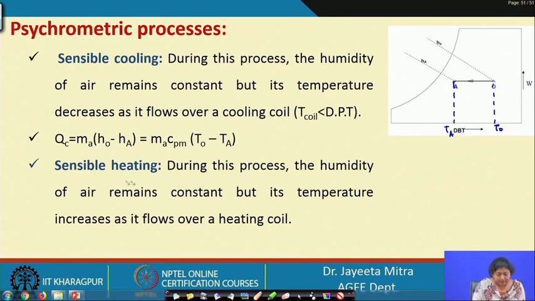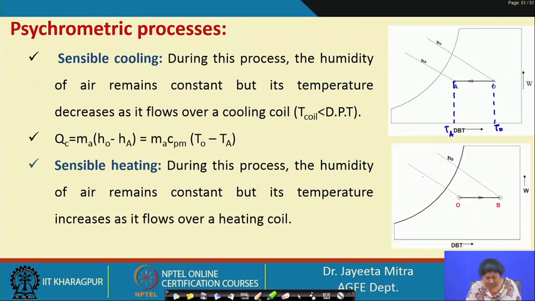Okay. Then sensible heating. So, during this process the humidity of the air remains constant, but its temperature increases as it flows over a heating coil. Okay. So, here just the reverse thing we can observe, that when the air gets cool, its energy reduces, that is why we have done HO minus HA into MA, and when the temperature of the air increases, that time the energy will be positive.